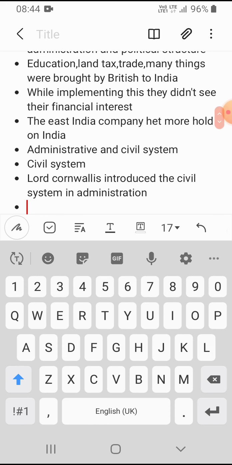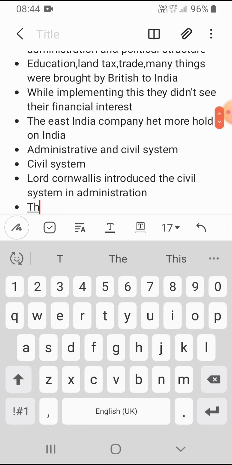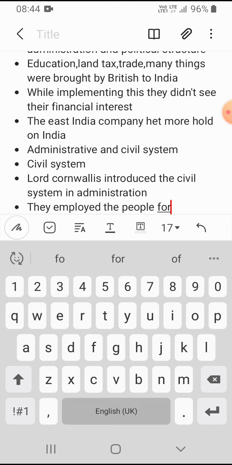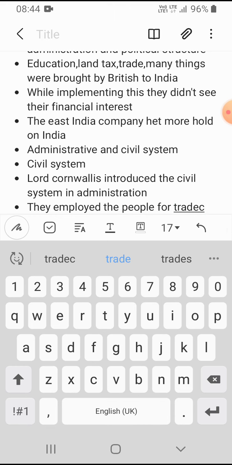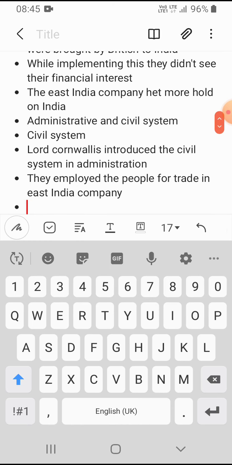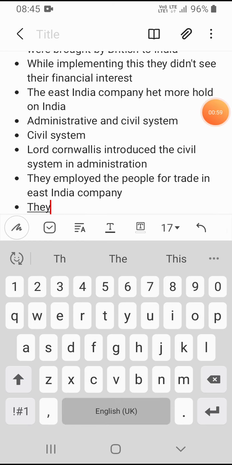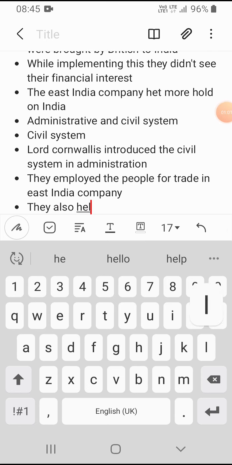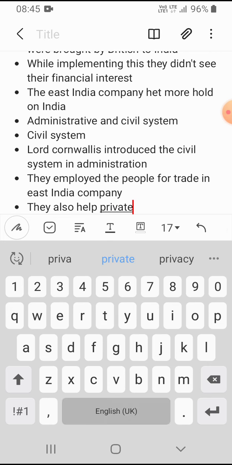The East India Company employed people for trade, and also helped private sector trade.